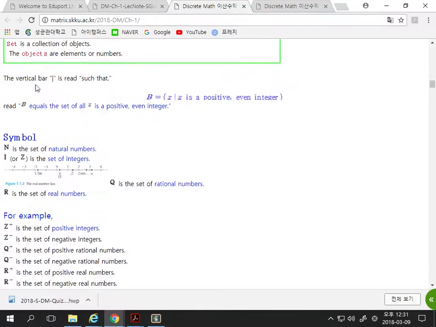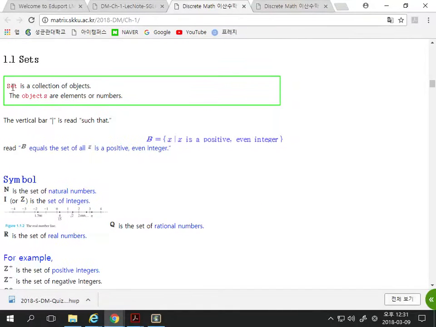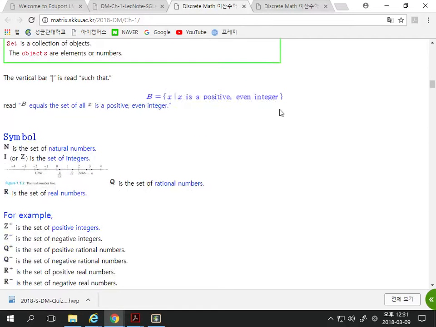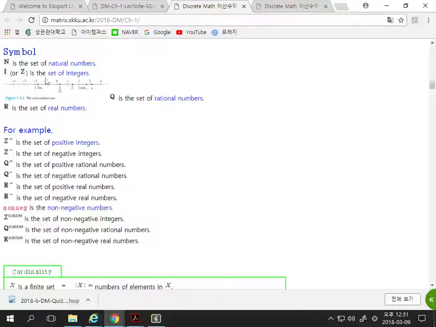You know the definition of a set and the notation of a set, and these are the symbols that we're going to use.